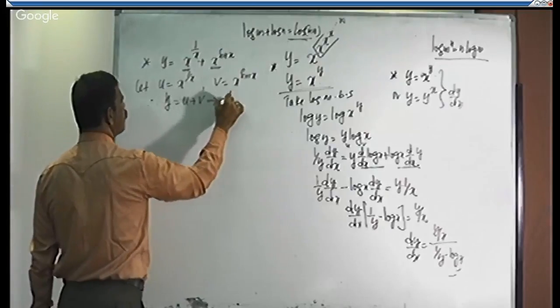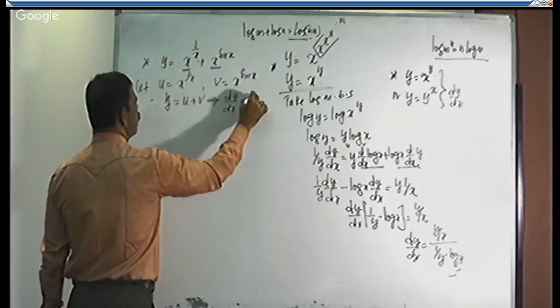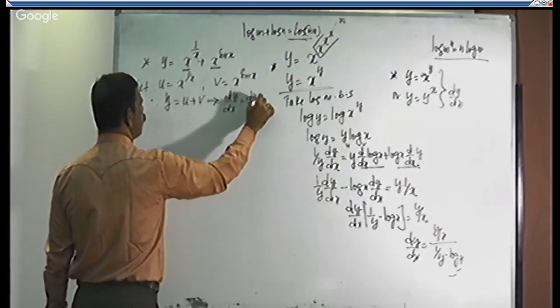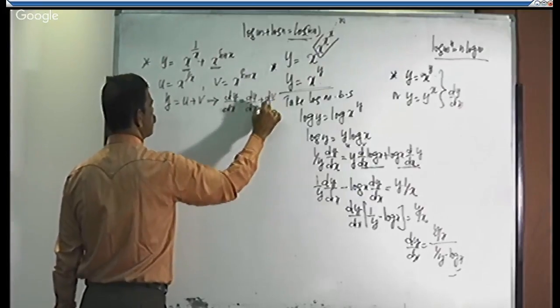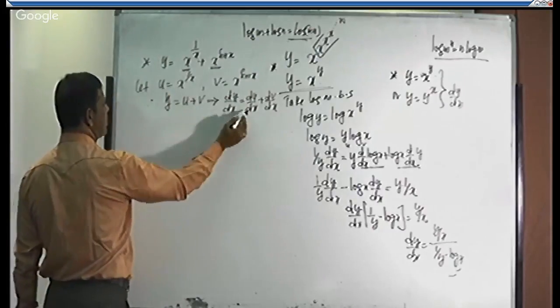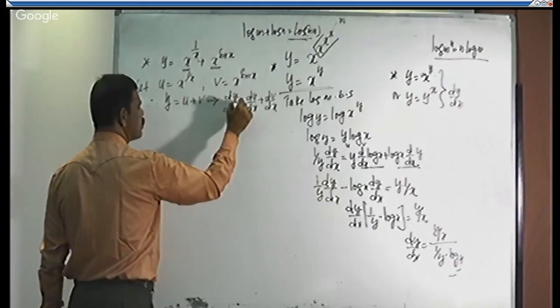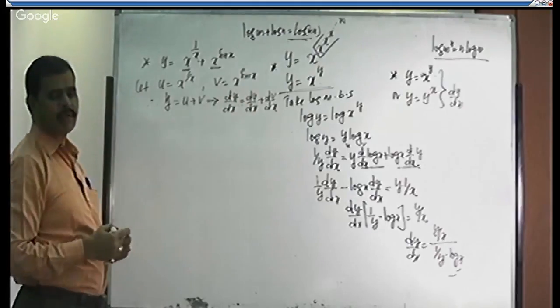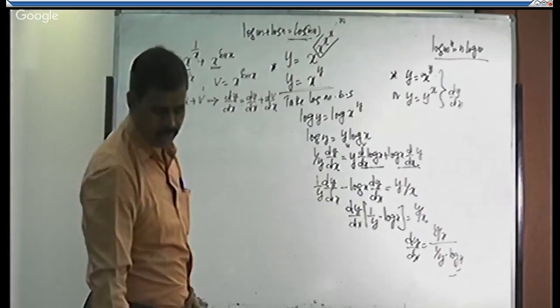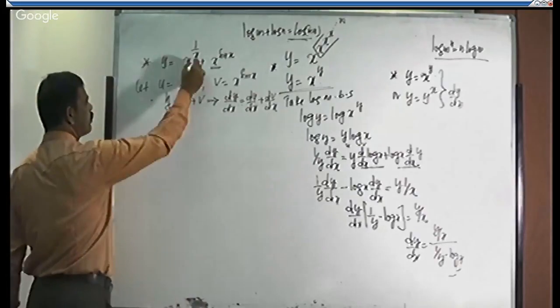Then dy by dx is equal to du by dx plus dv by dx. Find du by dx separately, find dv by dx separately, then substitute here to get dy by dx. That is the way we have to get the differentiation of such functions.